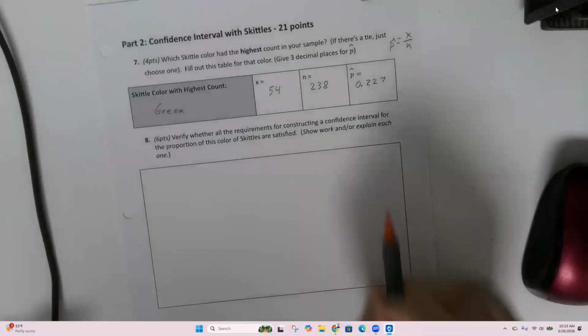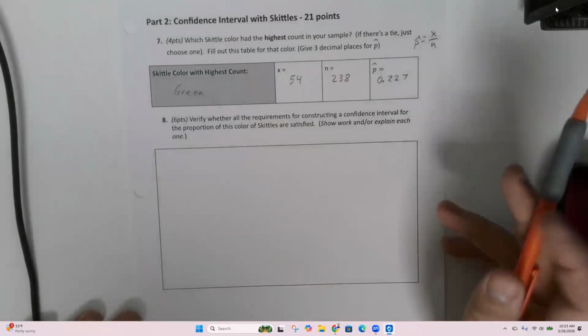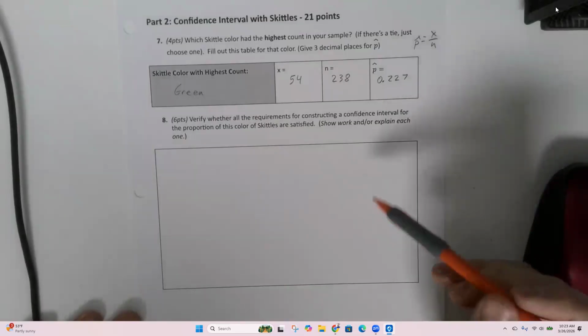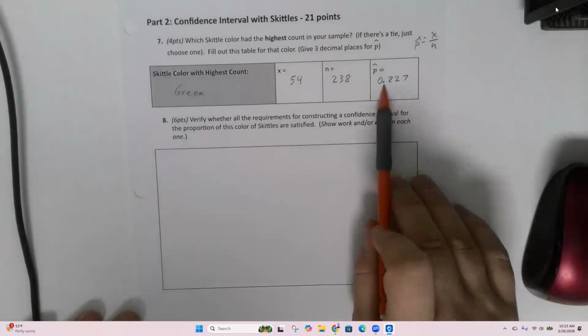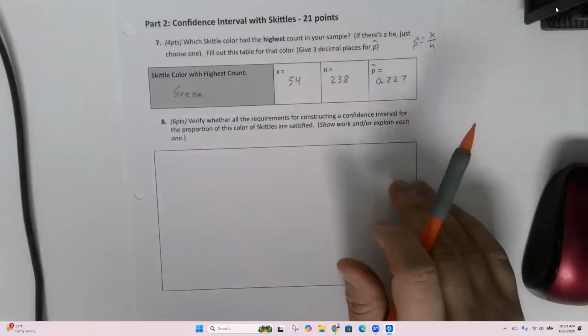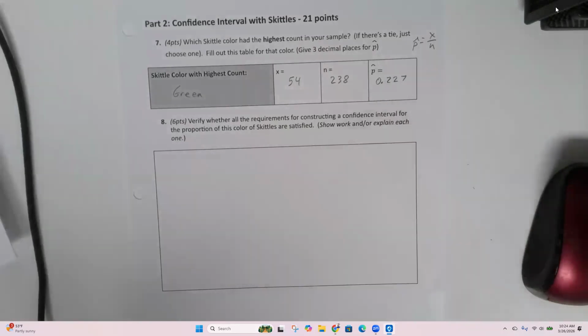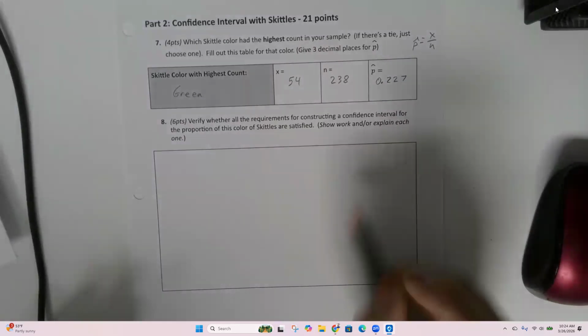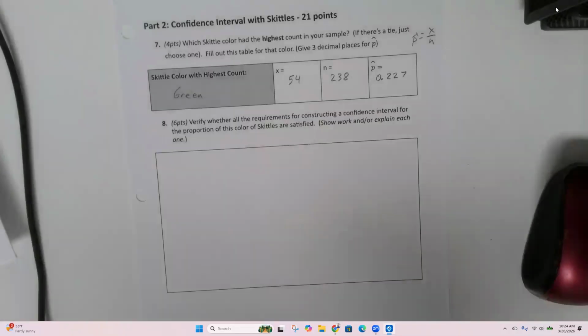So what percent of Skittles are green? I don't know, but I am estimating that it's 22.7%. That's my point estimate. That's close. It's not exact. There's some error there. We are going to calculate how big that error is, and we're going to add that and subtract that from our point estimate, our p hat, and that'll give us an upper and lower value for our confidence interval.